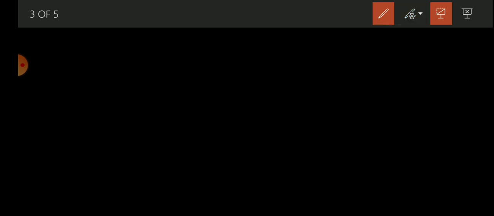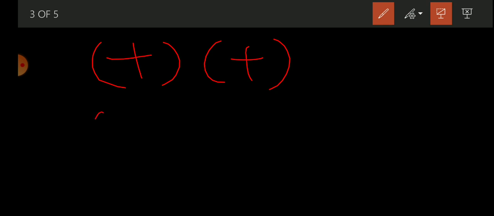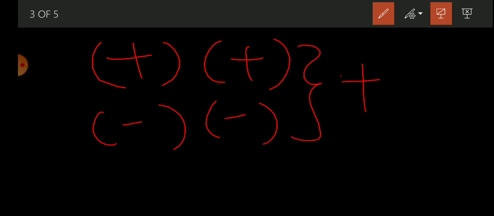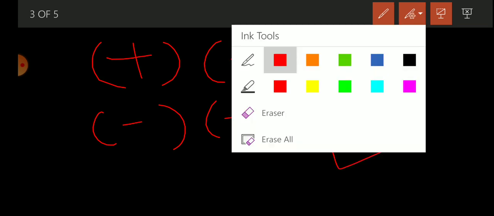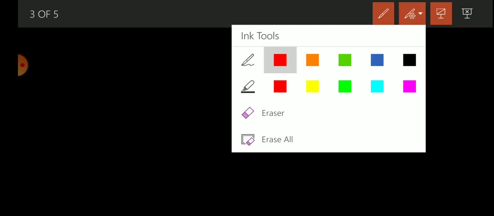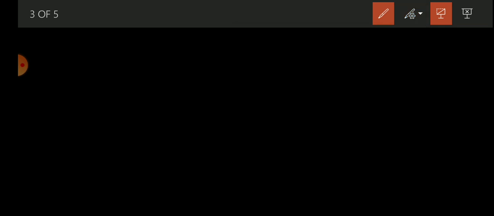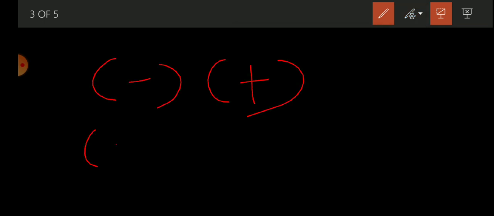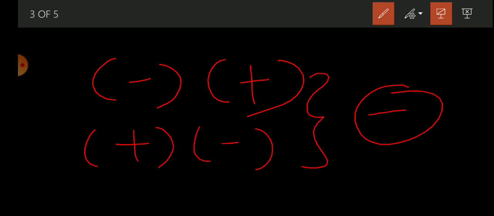As I told you, when we multiply two numbers with the same sign, our answer will be positive only. And when we multiply two different signs, our answer will be negative.